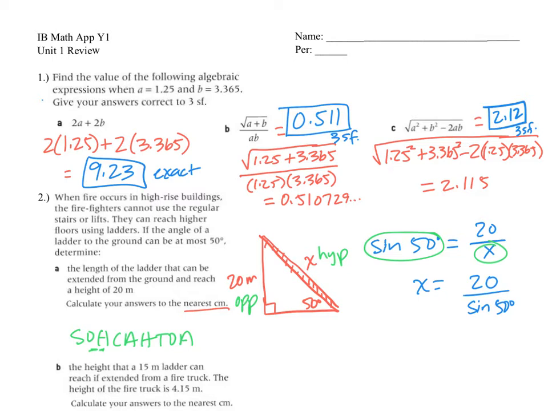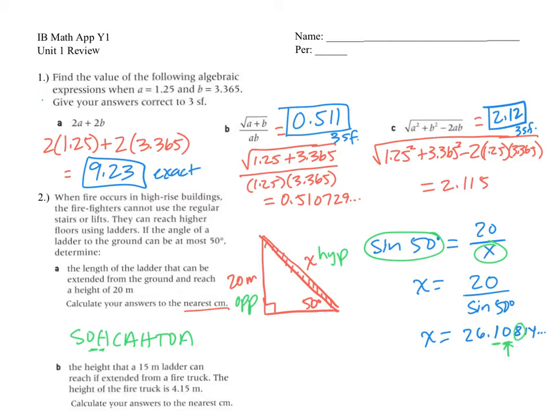Make sure your calculator is in degree mode, and then we will get x equals 26.10814, etc. Okay, but to the nearest centimeter, now the nearest centimeter is 100th of a meter, so that means you are going to be looking at the second decimal place. Here's the 10th place, here's the 100th place. 100th of a meter is a centimeter, so we need to round that because this next digit is 8.